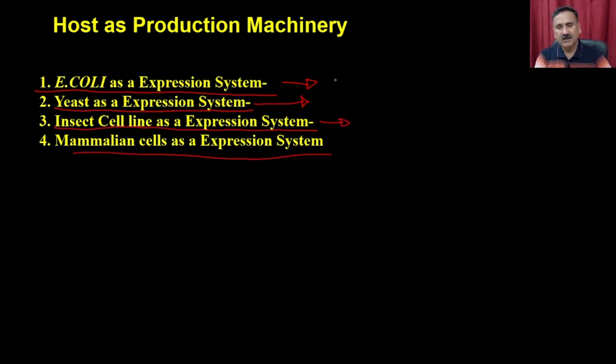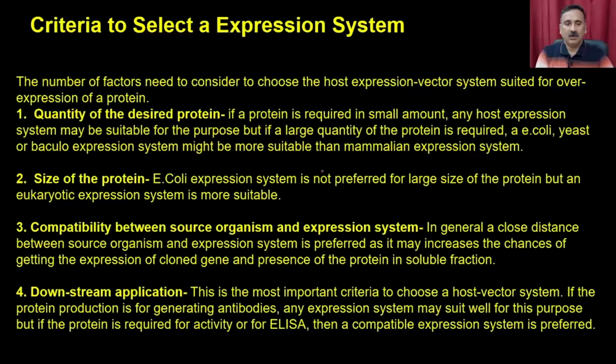Now, before getting into these choices, for a particular gene you have four choices or even more than that. The first question that comes is how you can select a particular expression system, because every expression system has its positives and negatives. A number of factors need to be considered to choose the host expression system suitable for the overexpression of a protein.